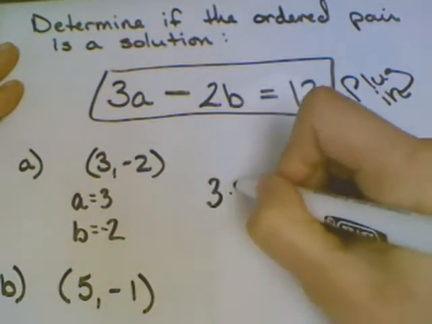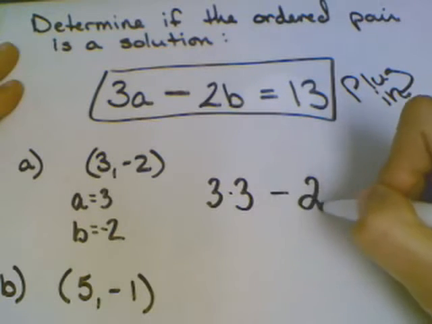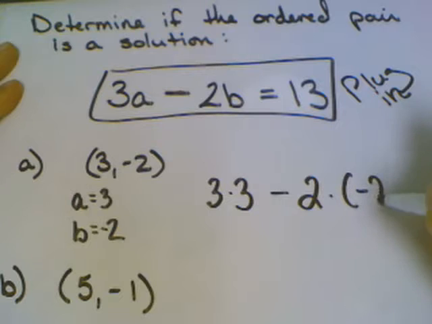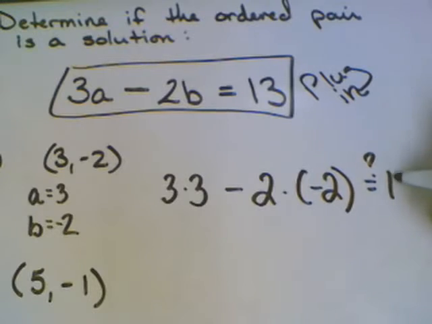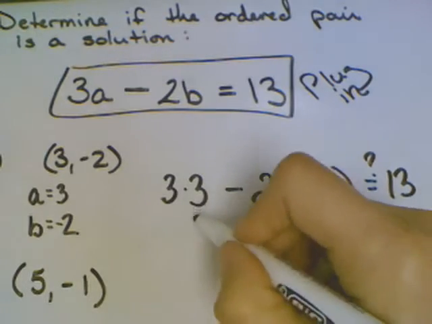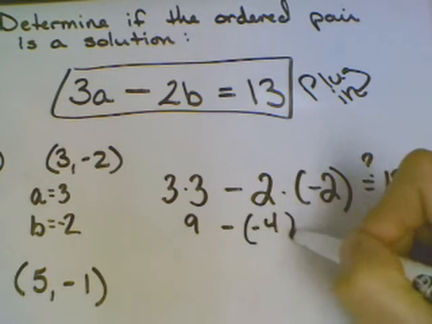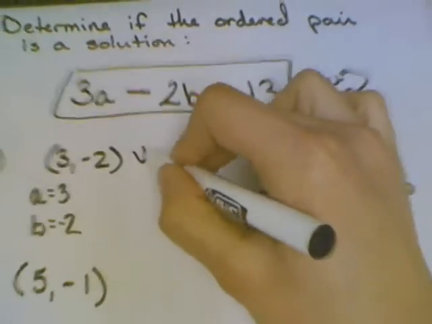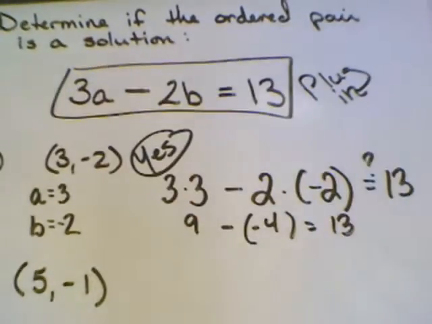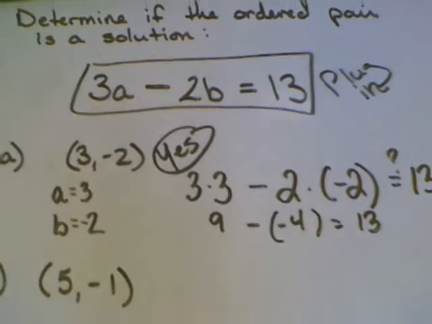Well, let's plug it in. 3 times 3, because a is 3, minus 2 times negative 2. Is this equal to, so I'm going to put a question mark, 13? Well, 3 times 3 is 9, minus, this is negative 4. 9 minus negative 4 is 13, so we're going to say that yes, that is a solution to the equation.